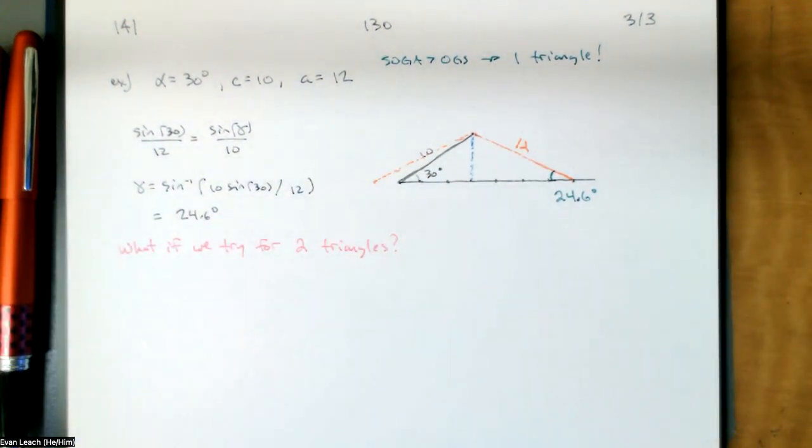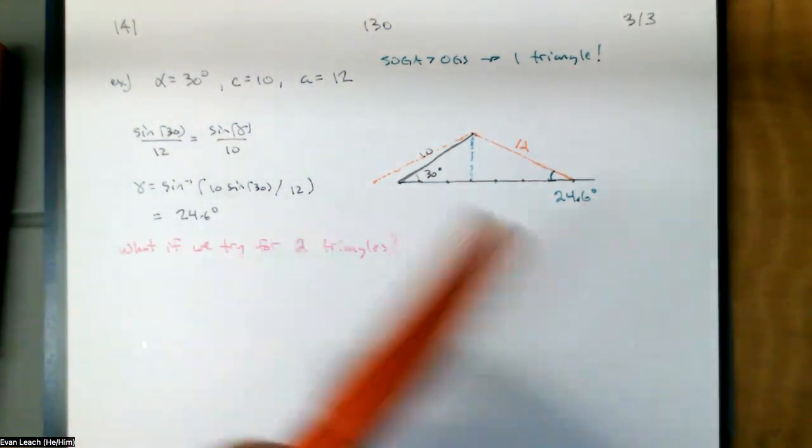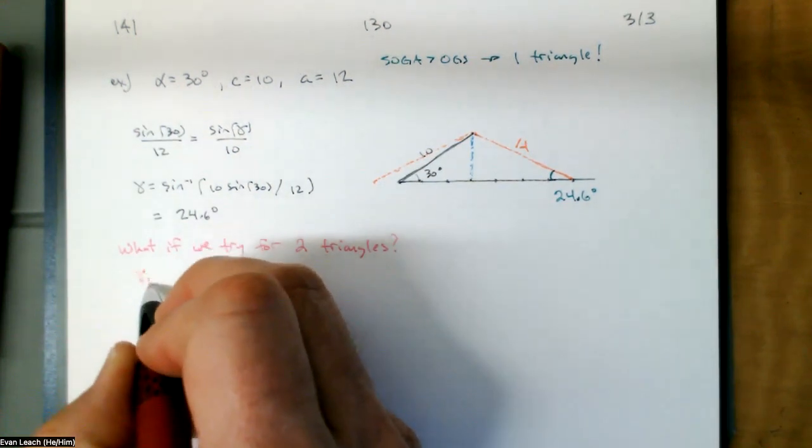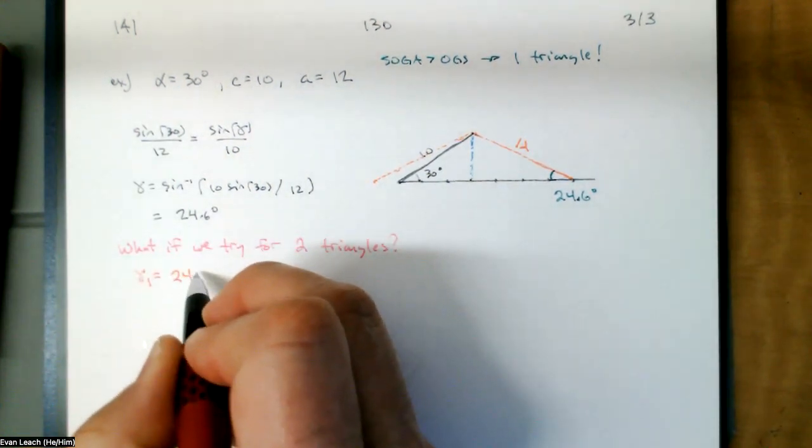What if we try for two triangles? We take this as a quadrant 1 angle and subtract to get the quadrant 2 angle. So what if we say gamma 1 is 24.6?